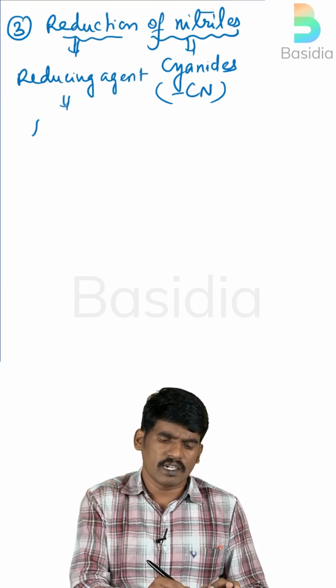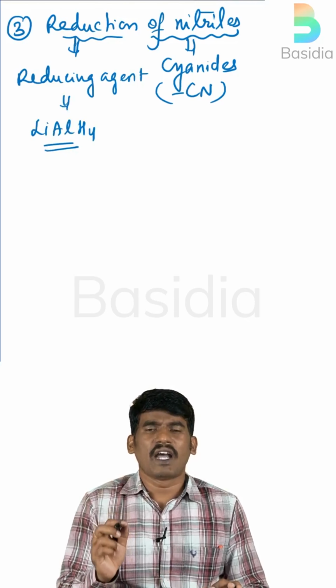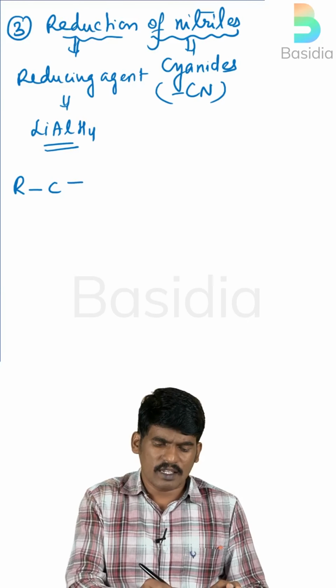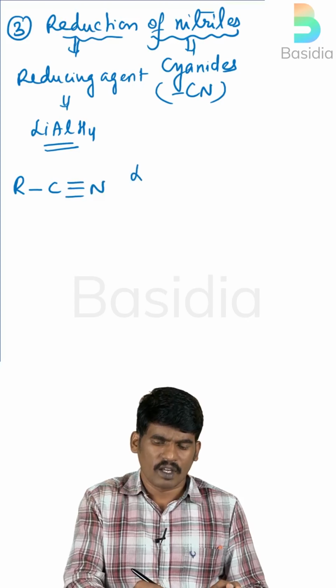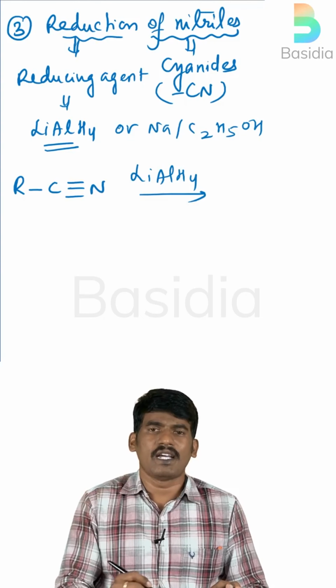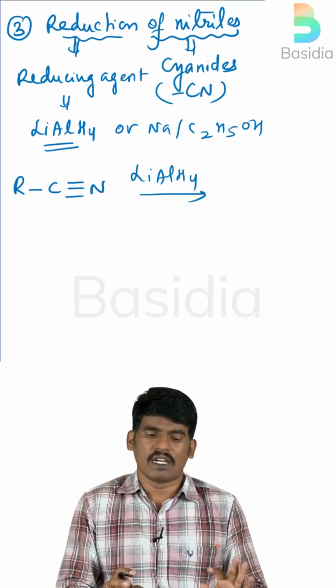The reducing agent here we are using is LiAlH4. Lithium aluminum hydride is the preferable reducing agent. So RC≡N with lithium aluminum hydride, or you can use sodium in ethyl alcohol, but the most preferable reagent is lithium aluminum hydride, which is an example of a strong reducing agent.